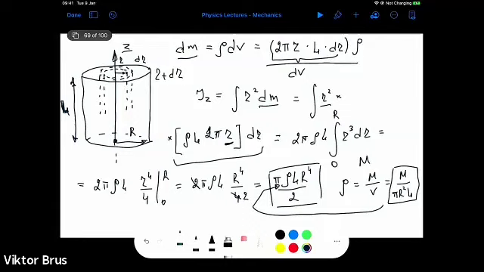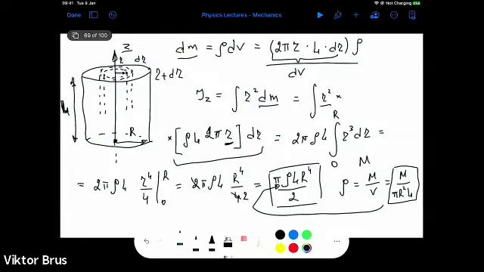And we are running out of time now. We have some meeting at 4. There is also one topic, the parallel axis theorem.